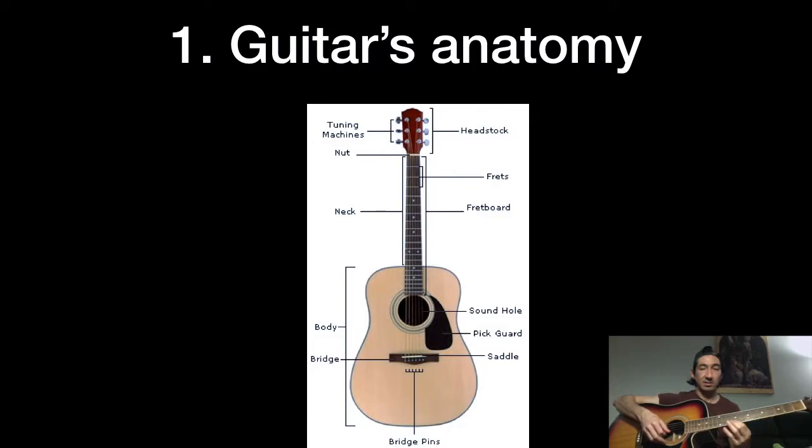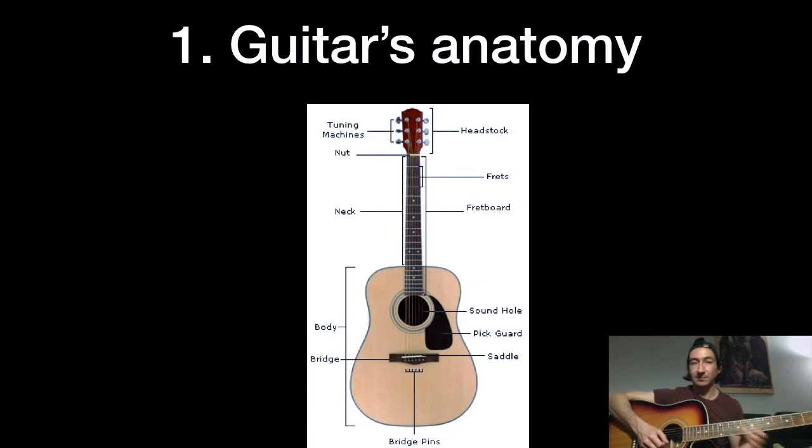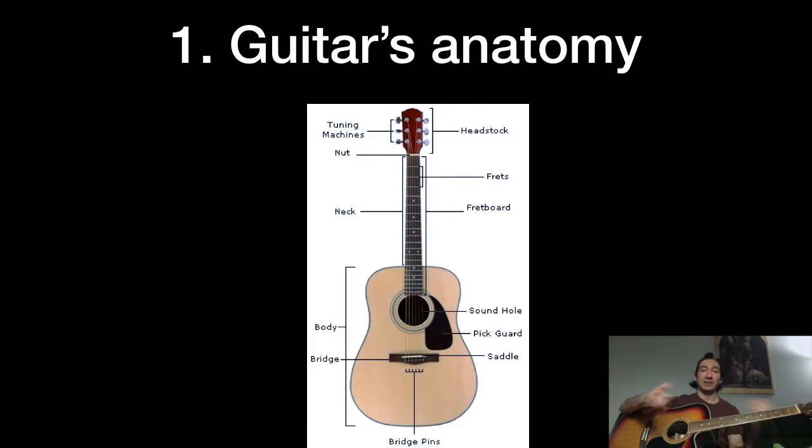If you go down horizontally, you increase the pitch, as you can hear, right? So this is what happens when you slide your hand horizontally towards the body of the guitar. That means the string vibrates more frequently and therefore produces a higher pitch sound.